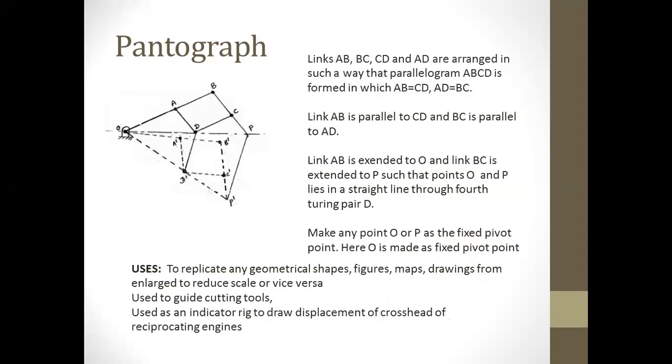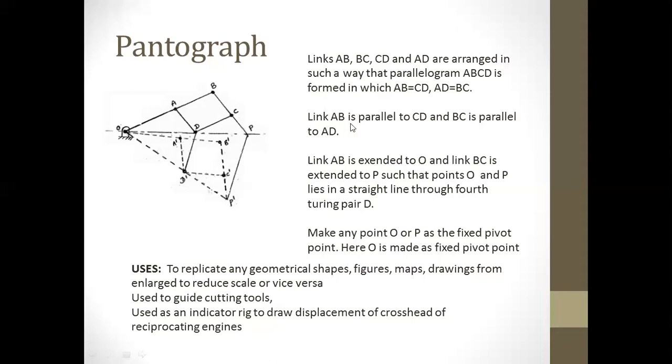The pantograph has links AB, BC, CD, and AD, which are arranged in such a way that they form a parallelogram ABCD. To this parallelogram, we fix one end, and the other ends P and D will trace the same path.